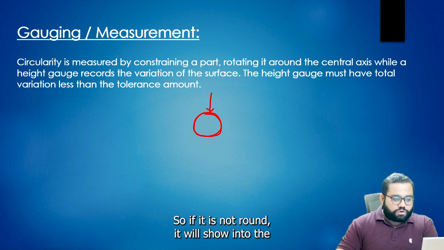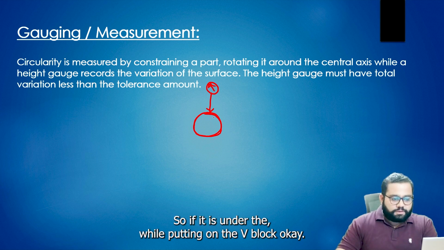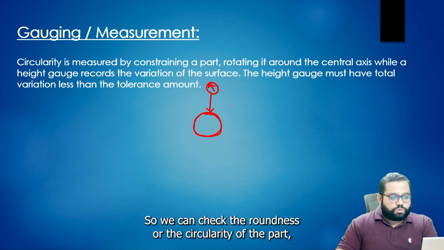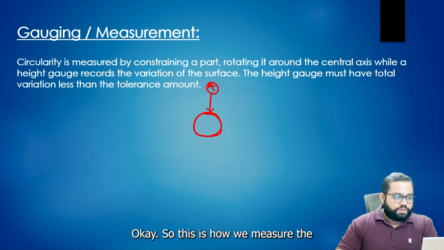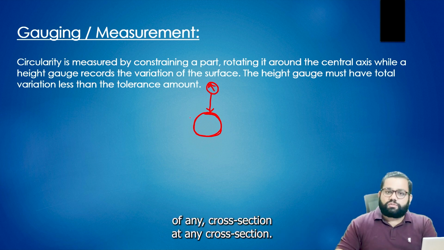If it is not round, it will show on the dial gauge. While putting the part on the V block, we can check the roundness or circularity of the part, whether it is within the tolerance zone or not. This is how we measure the roundness at any cross section.